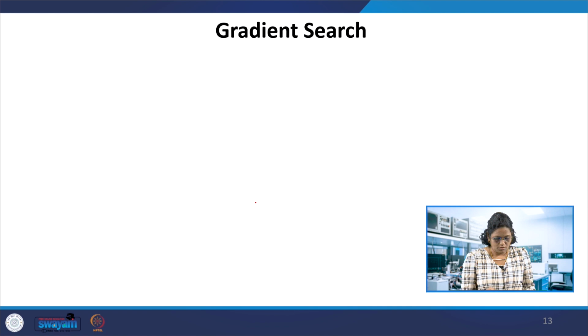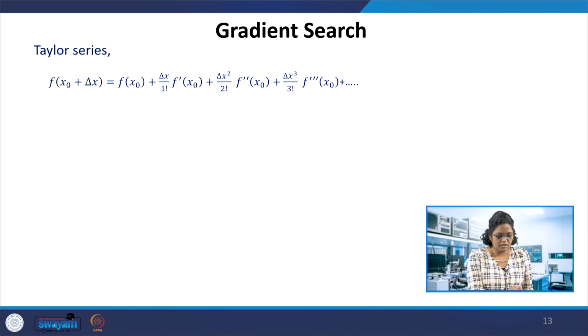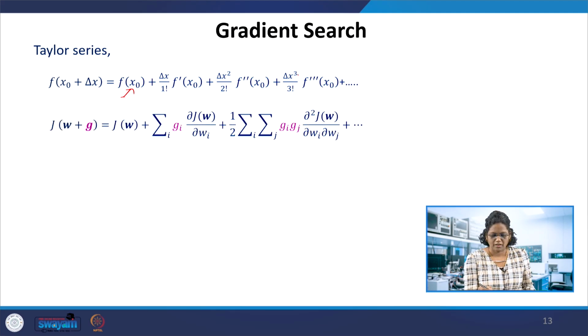So from this, using the Taylor series: if you have the function f of x naught plus del x, it is f of x naught plus del x by 1 factorial into f dash of x naught, plus del x square by 2 factorial into f double dash of x naught, plus del x cube by 3 factorial into f triple dash, and so on. So this is the Taylor series, and we use it over here in our cost function, which now has the direction vector as well: W plus G is added.